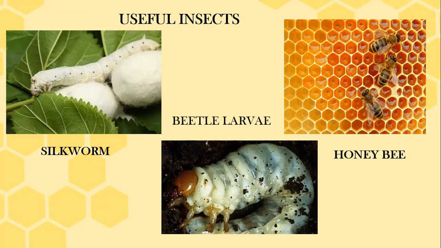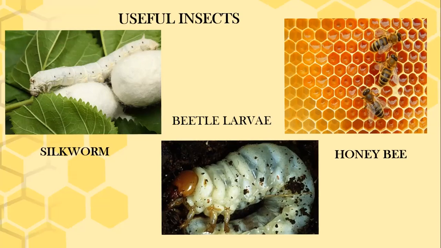For example, beetle larvae feed on plant remains and the dead bodies of animals. These insects eat broken plant remains and the bodies of dead animals, and they clean our environment.